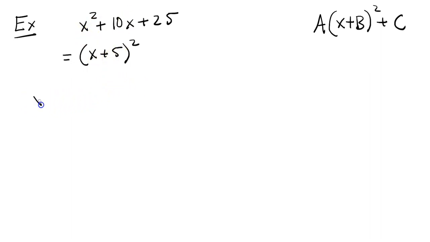But what would happen instead if it would have been like this? Now we see that it doesn't work anymore for the square of 5 here.